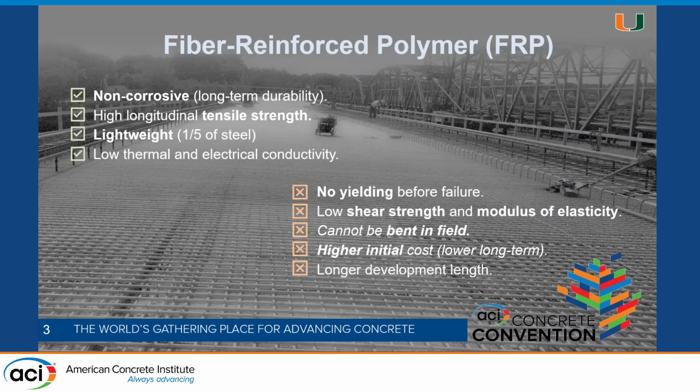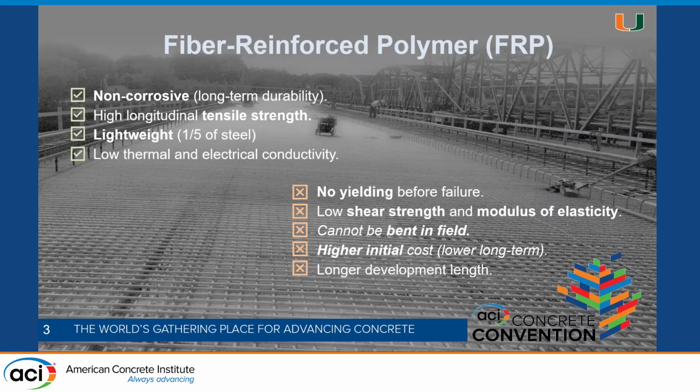It's lightweight, it's 1/5 of the steel weight. I'll show you a video where I was able to carry a cage. So constructability is also a good advantage. And it has low thermal and electrical conductivity. So for specific applications, you also would like to have FRP.